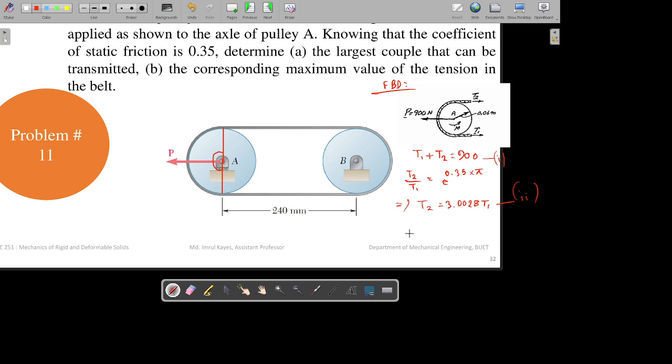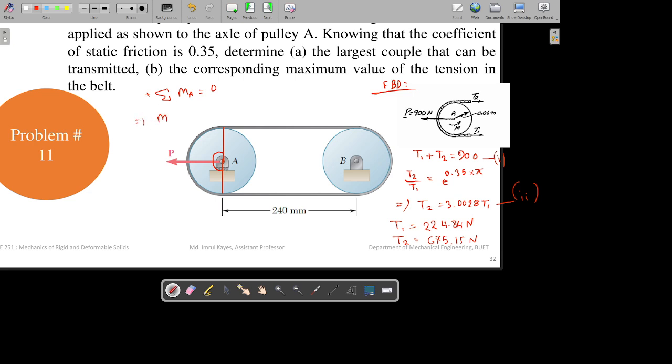Solving those two equations, you will get the value of T1 as 224.84 Newton and the value of T2 as 675.15 Newton. Now to find the value of torque, you can write the equation over here, moment about A will be equal to 0.